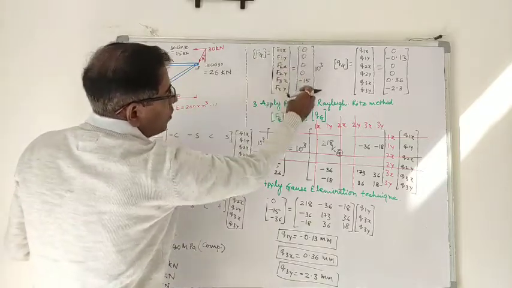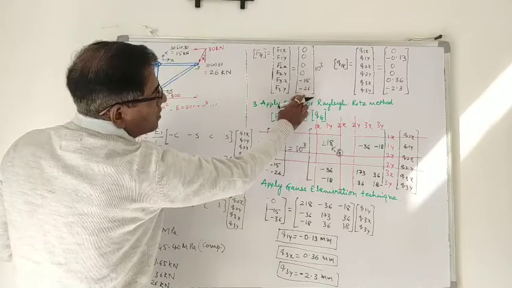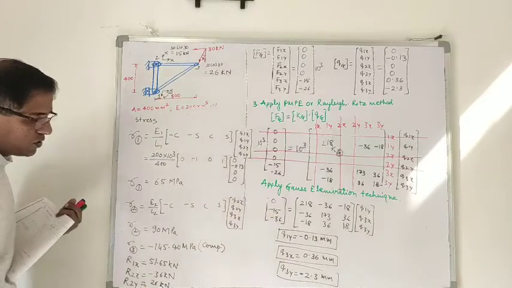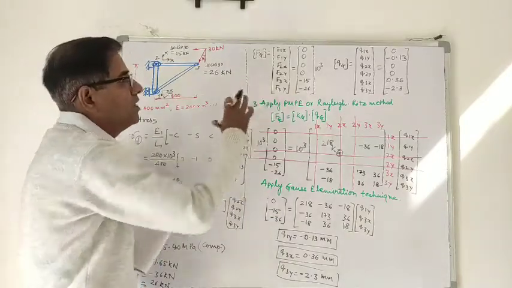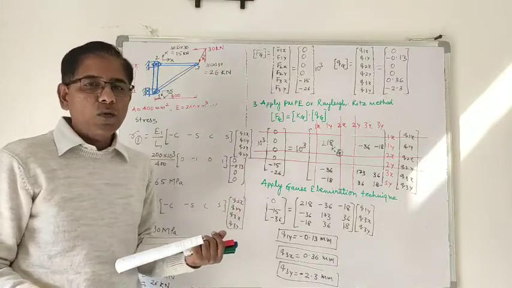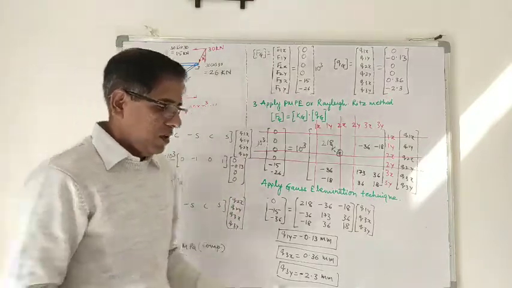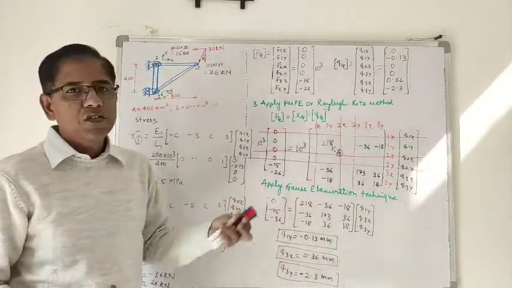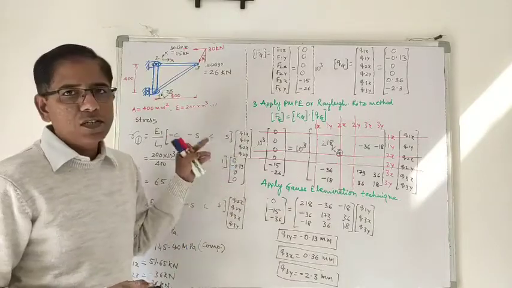So the summation of all the forces comes out to be minus 41, and summation of all the reactions comes out to be plus 41 kilonewton. So from this we can say that our calculations are correct. So this is the way by which you can solve a truss problem. So I hope that you have understood the entire process.